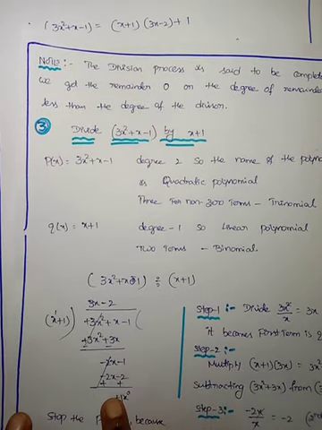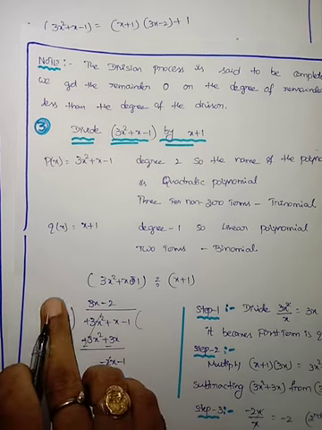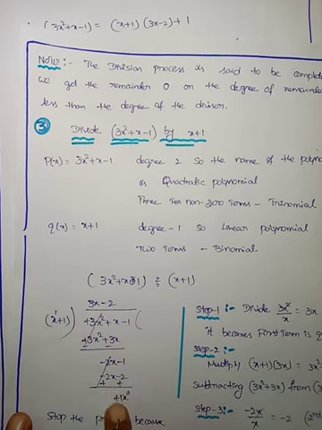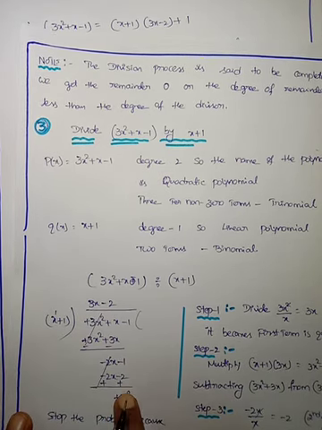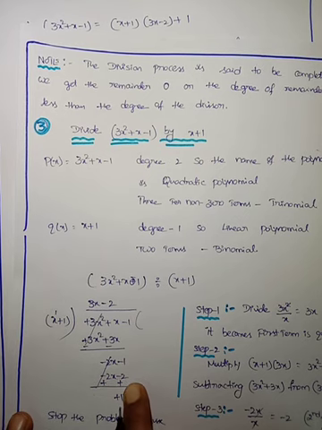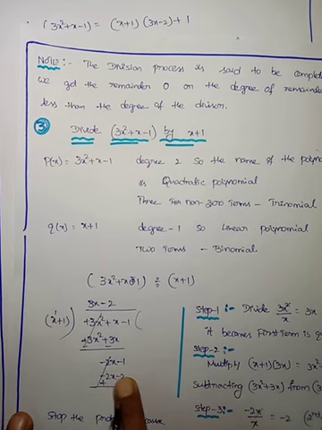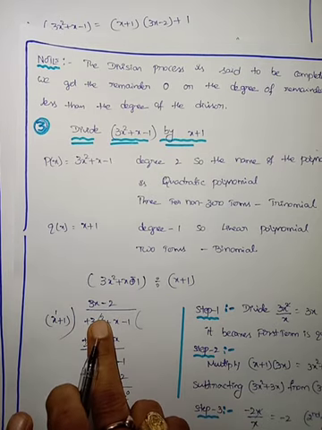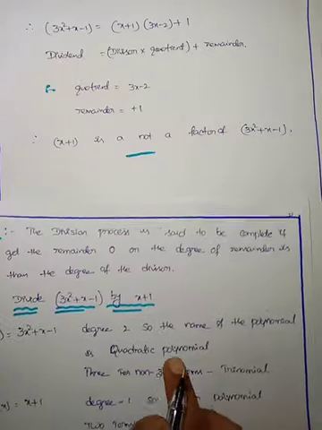Only when the remainder is 0 do we say the divisor is a factor of the dividend. But here the degree is 0, the value is 1, a constant term. The remainder is 1, which means the divisor is not a factor of the dividend.